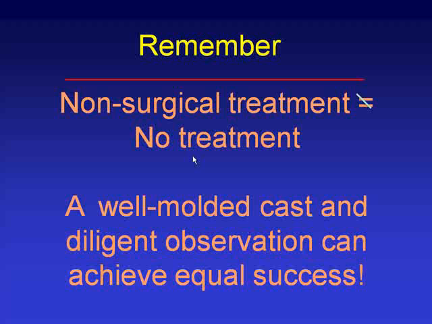So in one of the slides we show that even in type 2 fracture, where age and fracture type are similar in both groups, the result from surgery is still comparable with the non-surgical results. So suggesting that non-surgery, if done well, could achieve results similar to the surgery group.